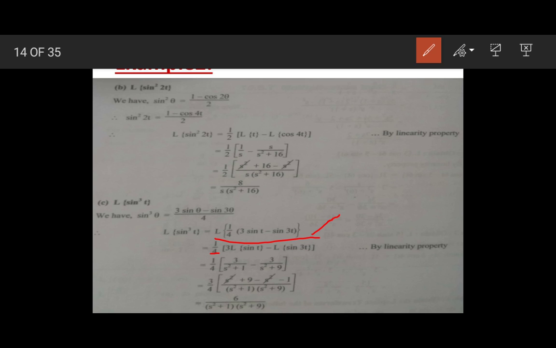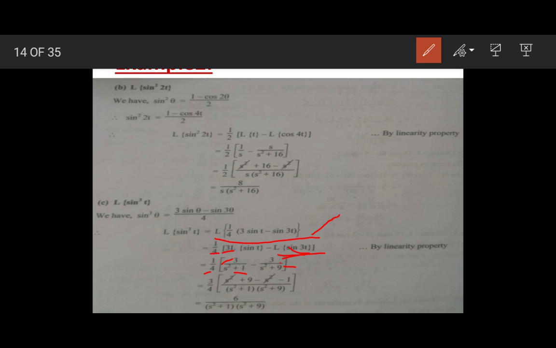So by linearity property, we take 3 outside the Laplace: Laplace of sin t minus Laplace of sin 3t. Then 1 upon 4 into 3, where Laplace of sin t is 1 upon s square plus 1, minus again 3, where Laplace of sin 3t is 3 upon s square plus 3 square, so s square plus 9.